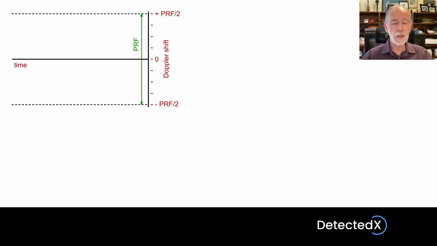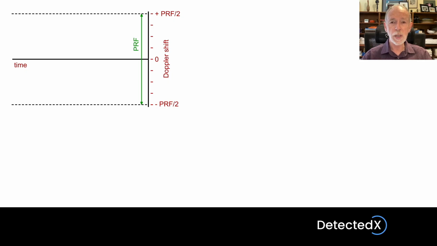Here's a diagram illustrating what the machine actually measures when it does the spectral analysis. So it detects Doppler shifts. It can measure up to PRF/2, which you remember is the Nyquist limit, above the baseline and below the baseline.